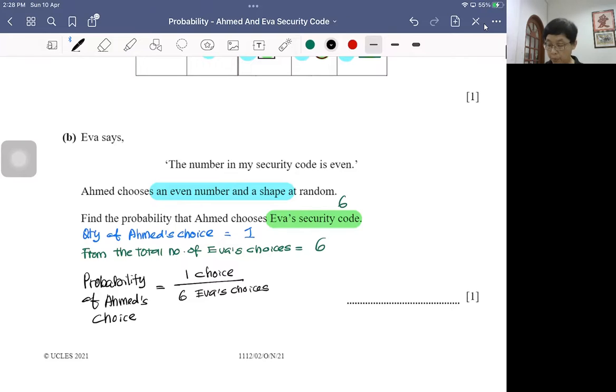So in simple words, it is 1 out of 6. So that is how we work out Ahmed's choice of his security code from the pool of the choices of even numbers. So that is Eva's choices. And that's the end of the explanation.